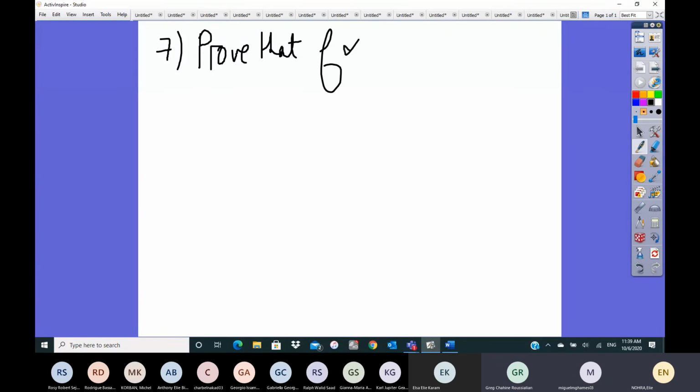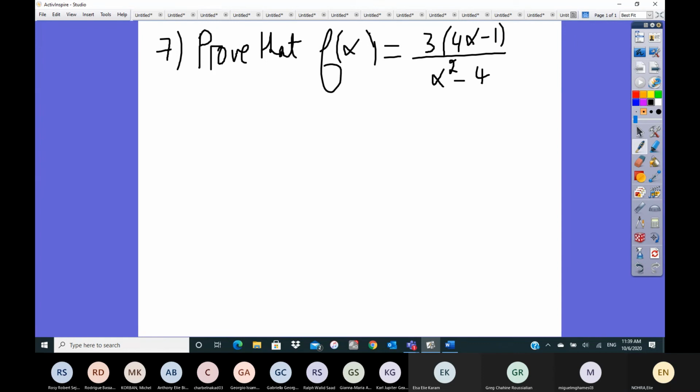Prove that f of alpha, we did something very similar, is 3 into 4 alpha minus 1 over alpha squared minus 4. Okay. Yeah, let's do it.